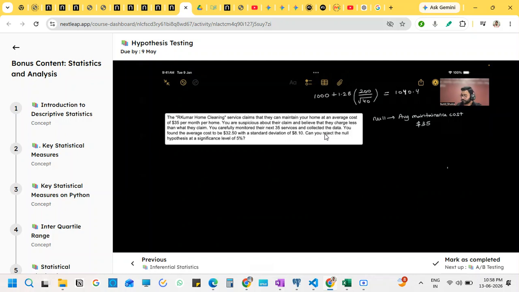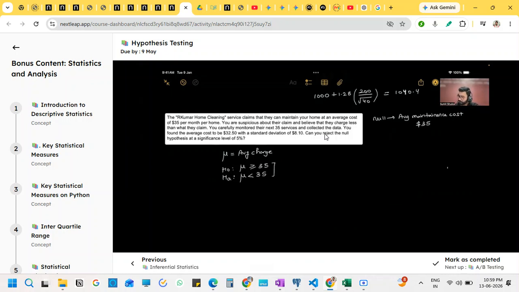You are suspicious about their claim and you believe that they charge less than what they claim. So if you assume mu as the average charges, your alternative is that mean is less than $35 because you believe that they charge less than 35. Null is mean is greater than or equal to $35, right?